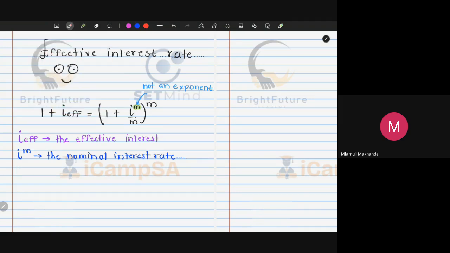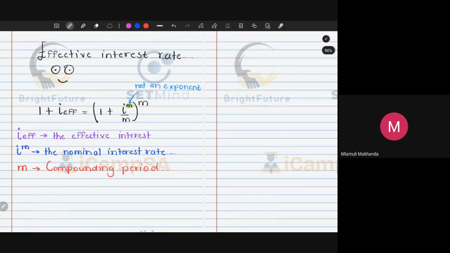Another parameter that we need to look at is m. And if you guys remember m, we defined it previously, it is the compounding period. If you are somehow confused about what a compounding period is, I would advise you to go and watch the lesson we did on compound interest.